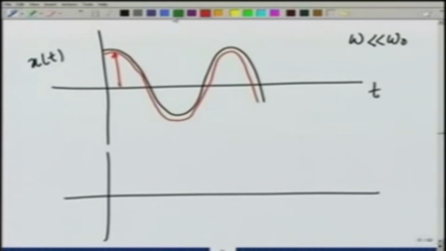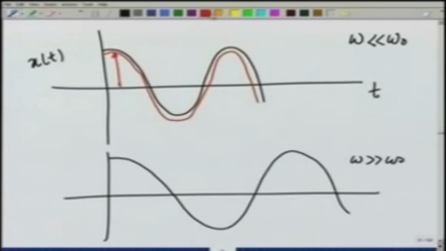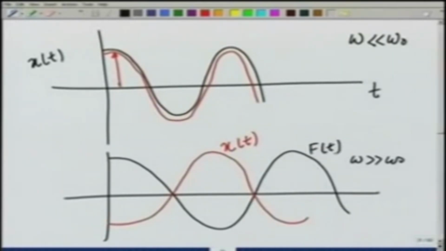On the other hand, if omega is much larger than omega 0, then if the force is like this, the displacement would be out of phase by pi. This is x of t. Black one is f of t. In between, therefore, the phase is somewhere in between, and so on.